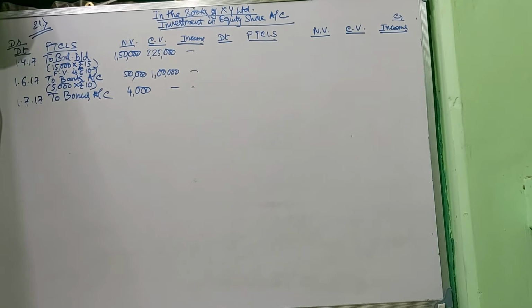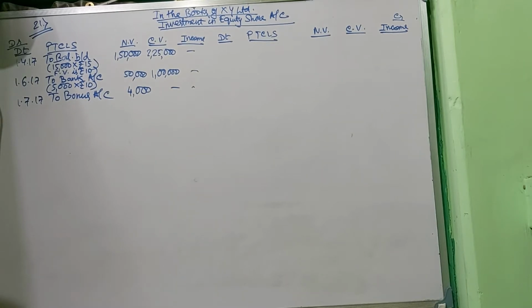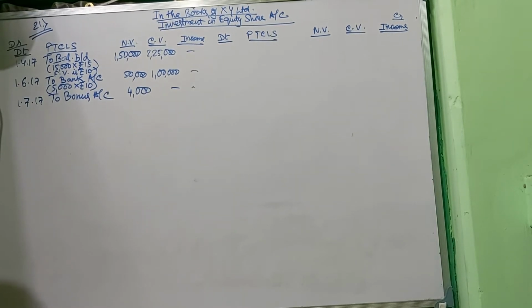We have again calculated the September rights shares that have been issued, 1 share for every 6 shares held, which you calculated 24,000 at a premium. Right? 24,000 at a premium.